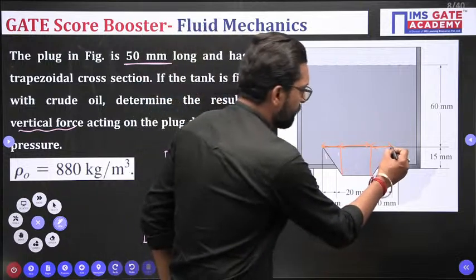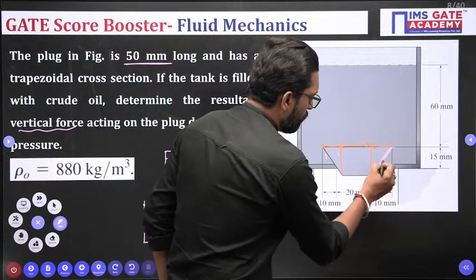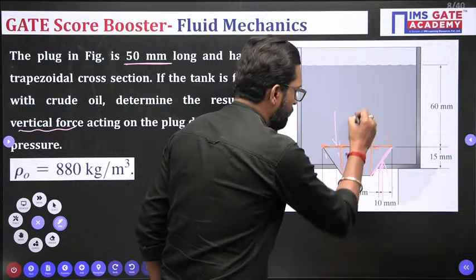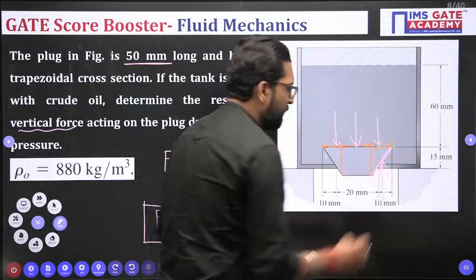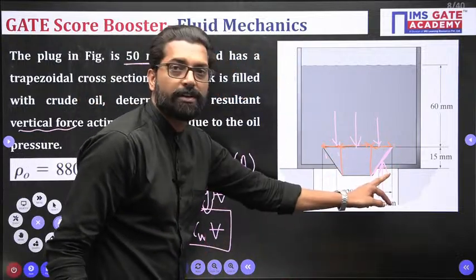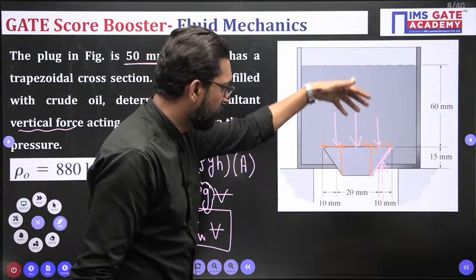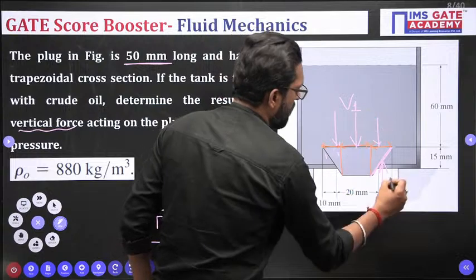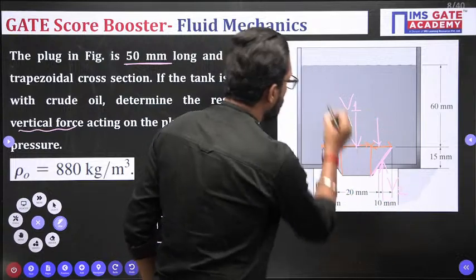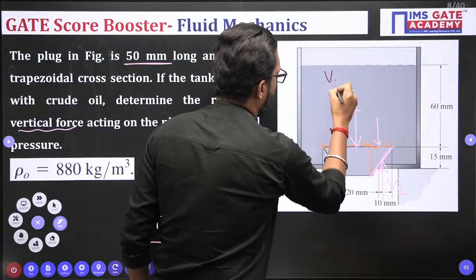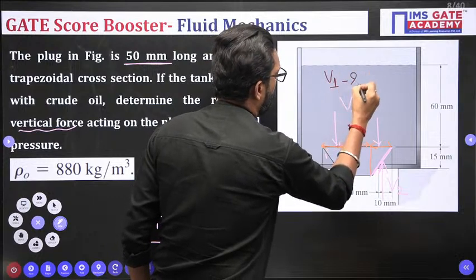This surface is the upward direction, because fluid is there, and this surface is the downward direction. So what is the net volume? Net volume is 2 into this slant surface upward. Let's suppose this responsible volume is V1 and this responsible volume is V2. So what is that? V1 minus 2 into V2.